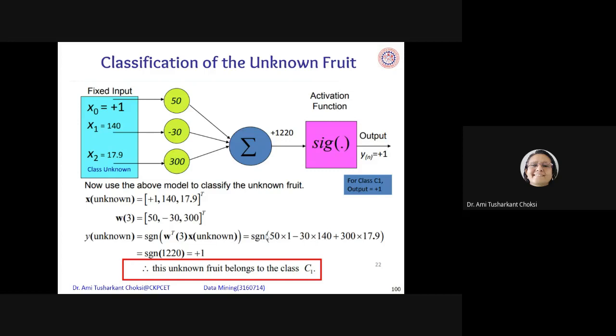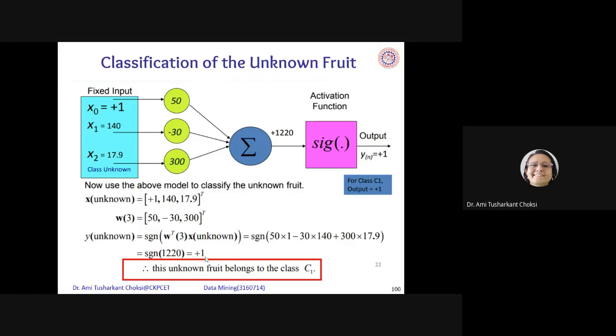We take the transpose and then do the multiplication of vectors. Let us say that after applying this numeric addition, subtraction and multiplication, we get SGN of 1220, which is equal to plus 1.